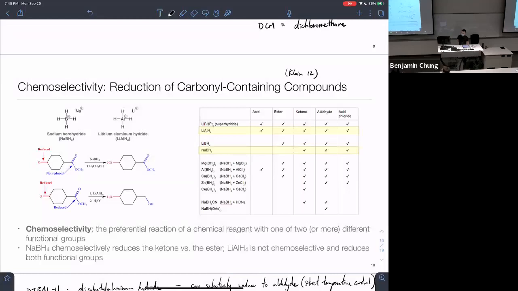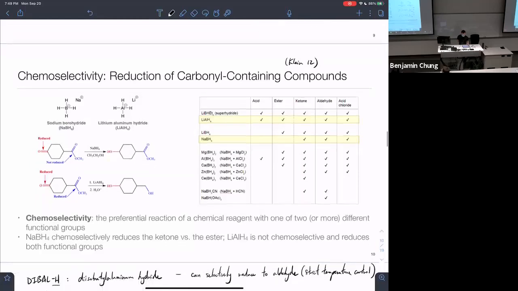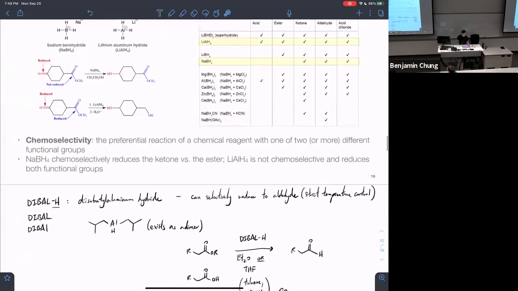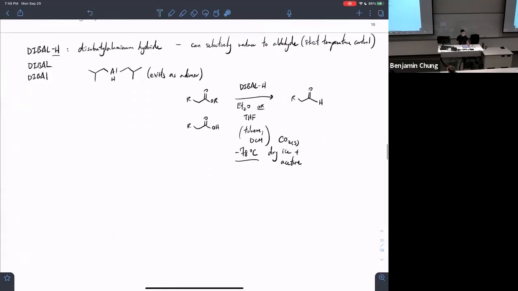Chemoselectivity is always in the context of two or more different functional groups, so you would always be comparing between functional groups. Any other questions?